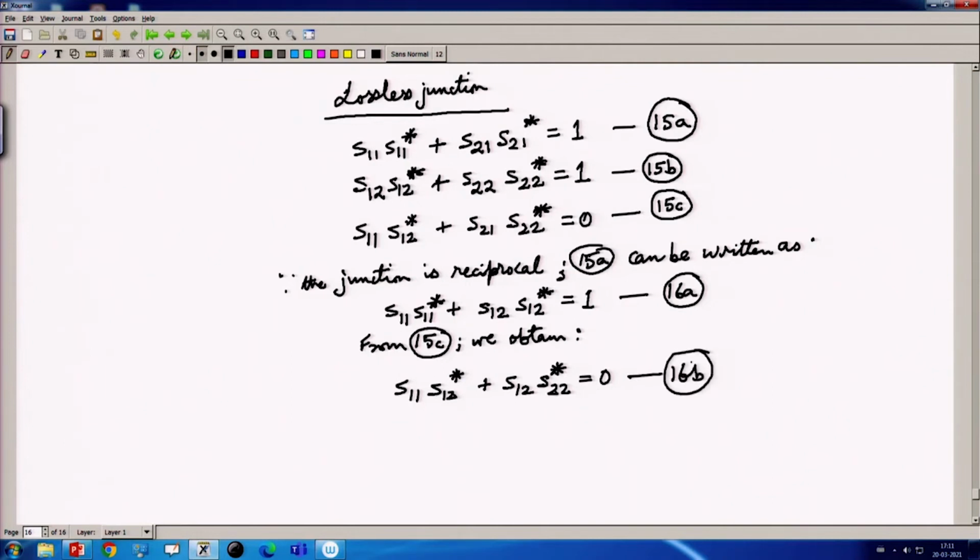We just replace S21 by S12 because of the reciprocity of the junction, the junction is reciprocal.